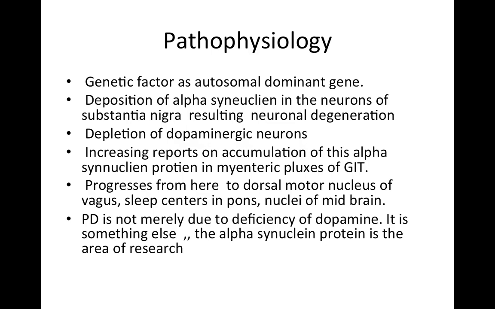So leading on to degeneration of these nerve cells following accumulation of this particular protein. So PD is not merely due to deficiency of dopamine, it is something else. That is, alpha-synuclein protein is the area of current research.